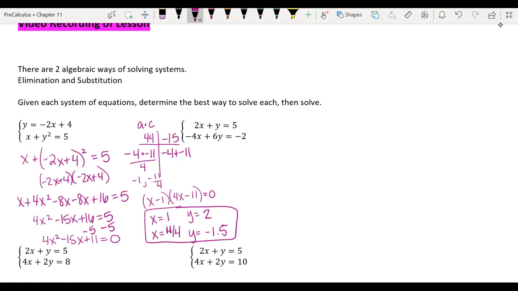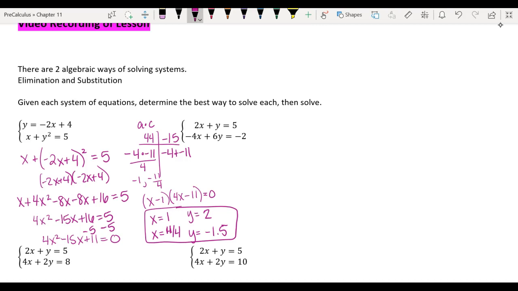What elimination is, you're going to multiply one of your equations by a number, or both of them by a number, so that the coefficients on one of your letters are the same, so that they cancel each other out. For example, I'm going to multiply this by 2, because if I multiply this one by 2, I have a 4x and a negative 4x. Do you guys see that?